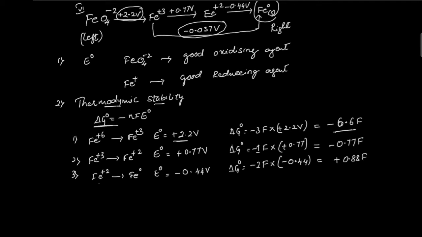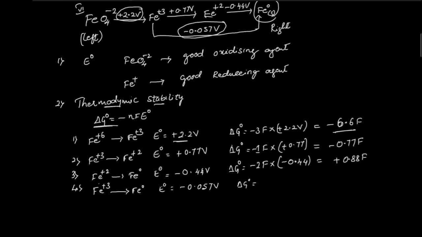The fourth step, which is non-adjacent species, if you calculate the delta G naught value for this reaction, Fe plus 3 getting converted into Fe0, for this step, E naught value is minus 0.057 volt.